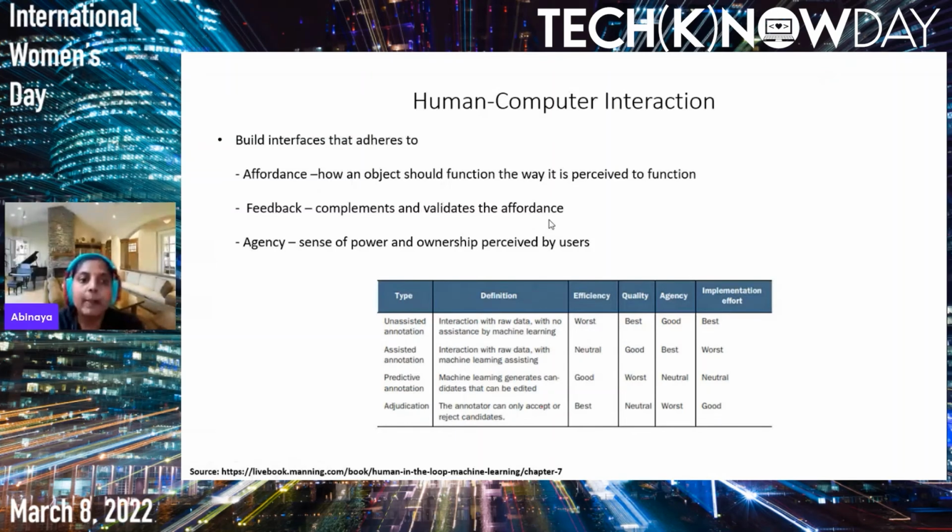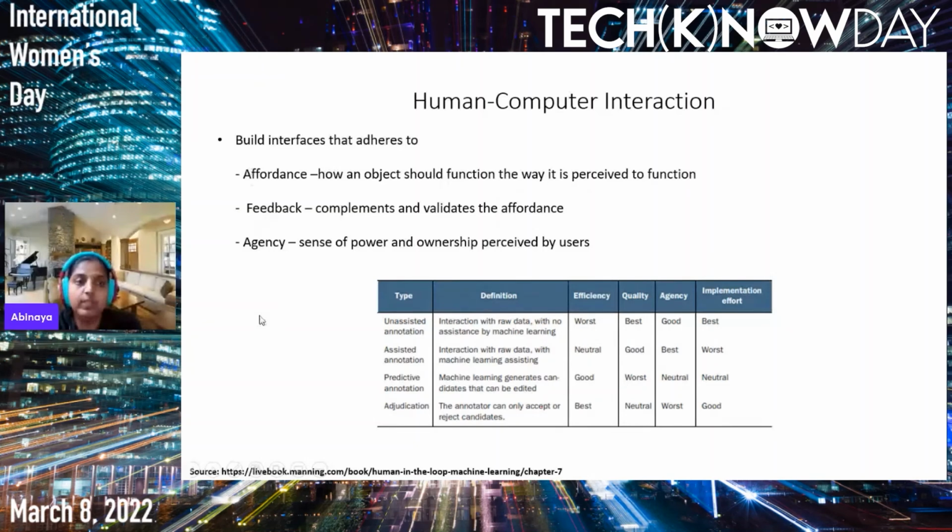The interface should also have an aspect called agency. It should give a sense of power to the user, that they have ownership over the platform. They should feel good that they have control over this platform, and I'm able to do whatever I want. So these three characteristics should be present in any of the interfaces that you build.